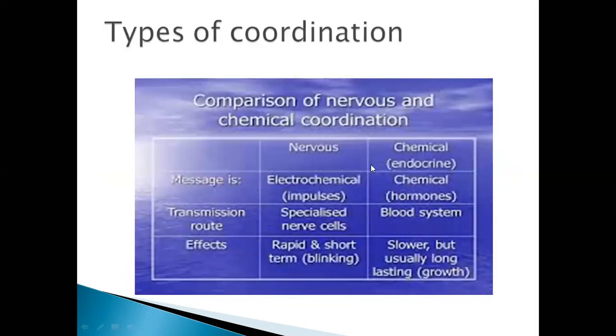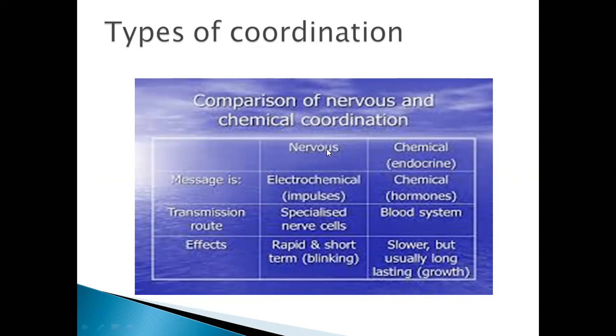Types of coordination. Okay, I have discussed what coordination is. Now, in your book, there are two types of coordination. I'm giving here the comparison of them. One is the nervous coordination, and the second one is the chemical coordination. Nervous. This terminology reflects the brain, nerves.